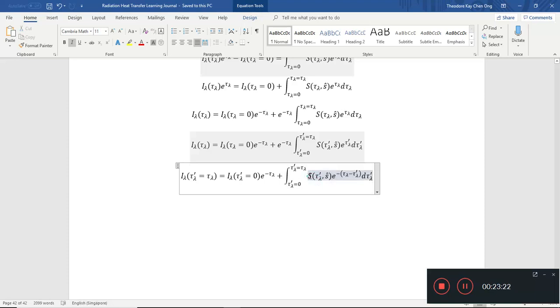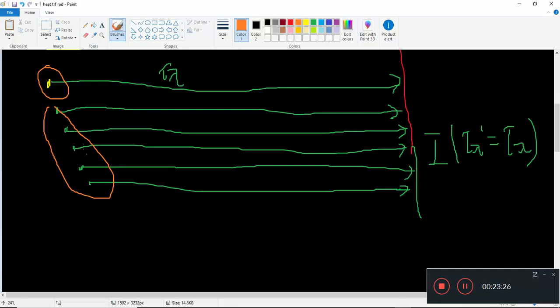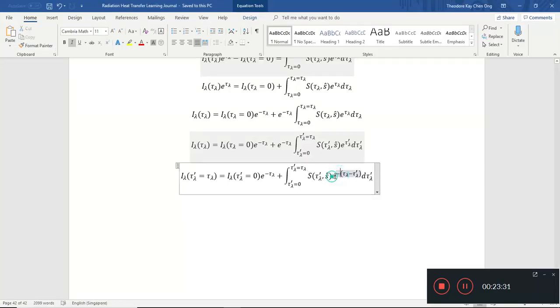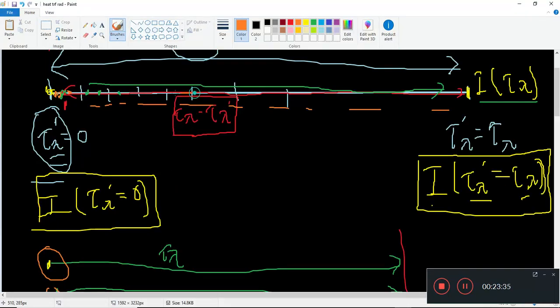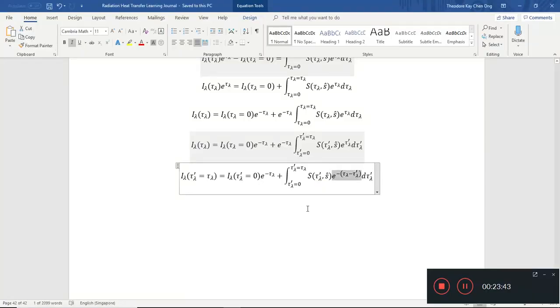What this is saying is that I have many of these different sources, and each is being attenuated by the length tau lambda minus tau lambda prime, as I was saying earlier. This length is what is being attenuated through. And what basically happens is that I have to sum them all up, and that will give you the final intensity you see here.